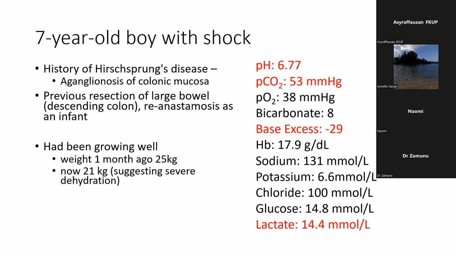It's quite common actually that we always look for hypoglycemia, but in children who are critically unwell, they may have hypoglycemia, but they might also have hyperglycemia. And there's a good reason for this. Why is that?